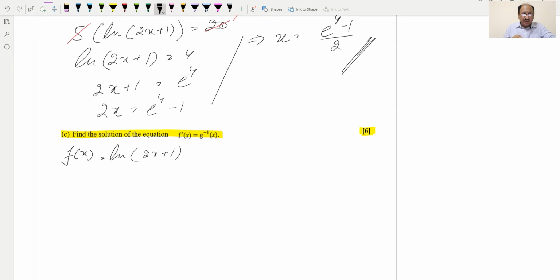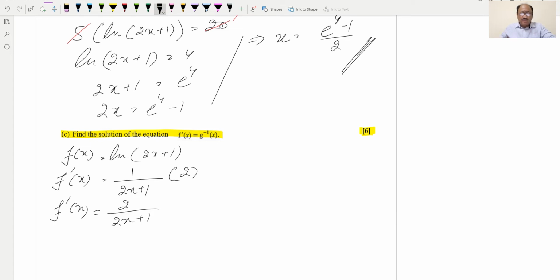Now f dash of x, the derivative of f of x: the derivative of log x is 1 over x, so it will be this one into the derivative of this inner portion also, which is 2. We can write the next step over here, this will be 2 over 2x plus 1. This will be our f dash of x value.